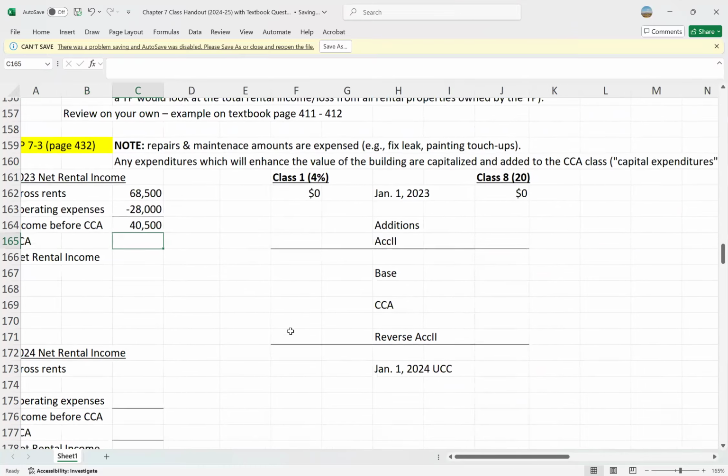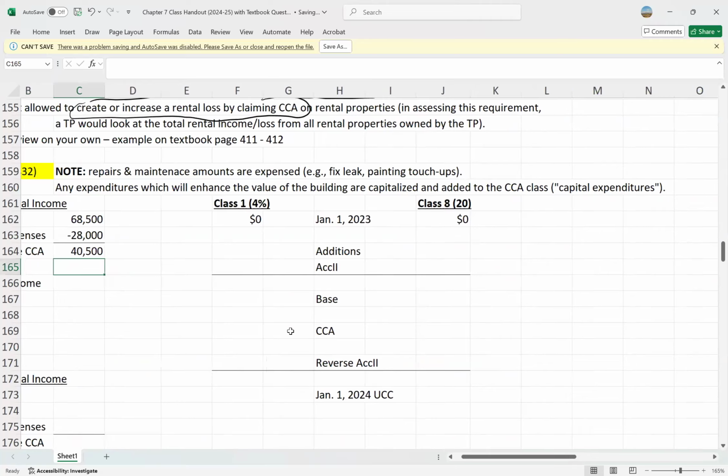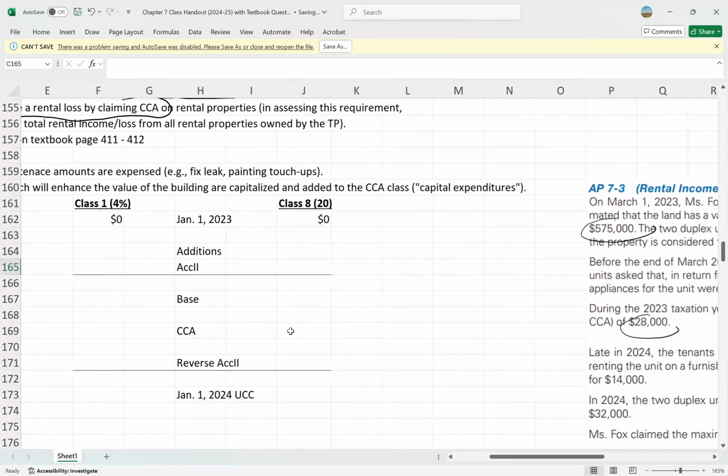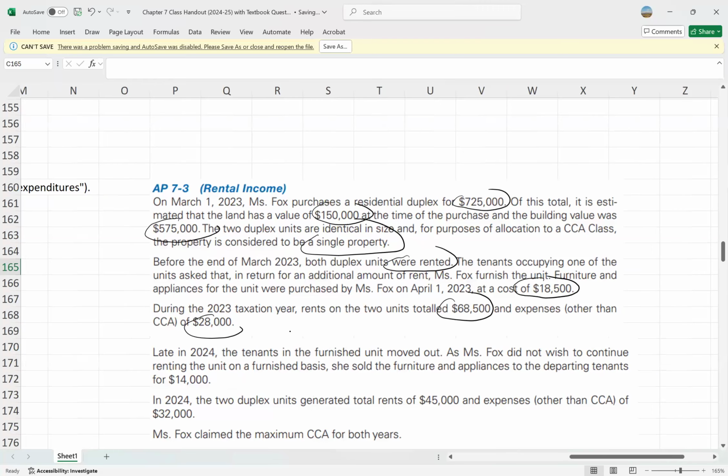So this is good practice with respect to chapter 5. The building has a cost of 575. That's going to go into class 1. And the furniture and appliances, 18,500. That's going to go into class 8.